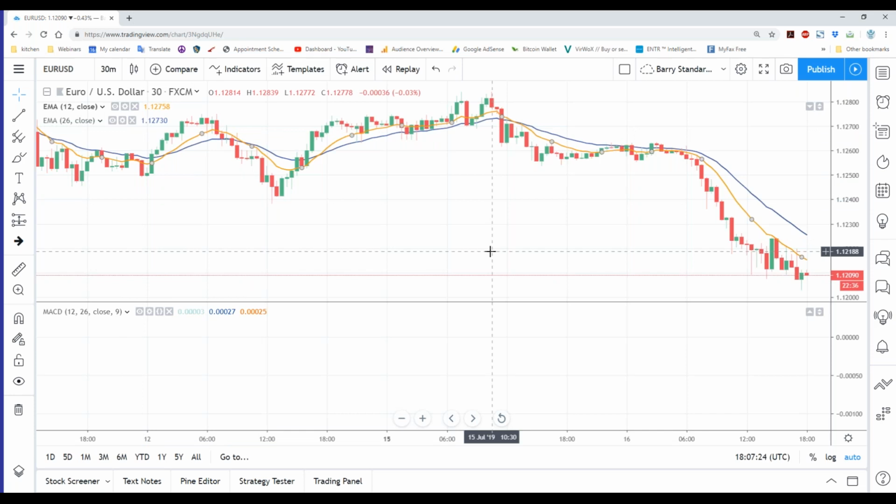Now, you say, why 12 and 26? I can't tell you why 12 and 26, to be honest with you, except Gerald Appel developed his indicator using a 12 and a 26 time frame. He's tested it over years. It's been tested for now over 50 years.